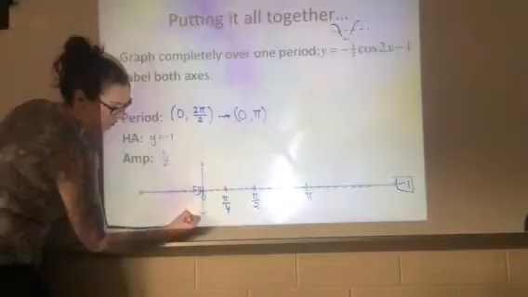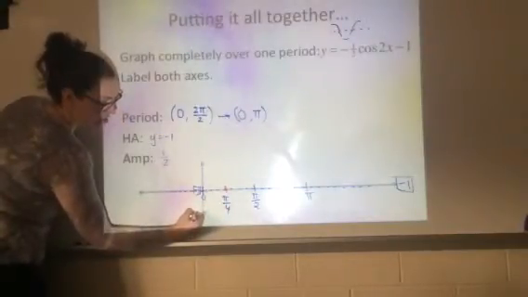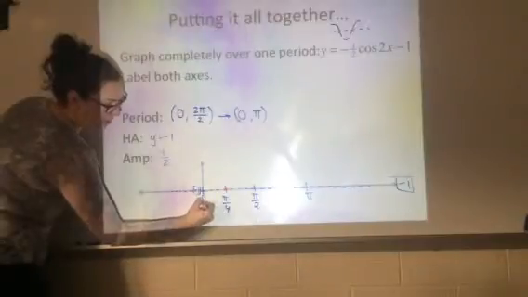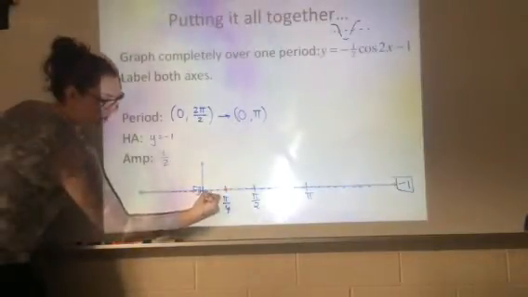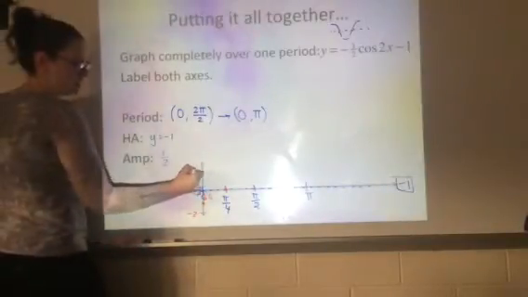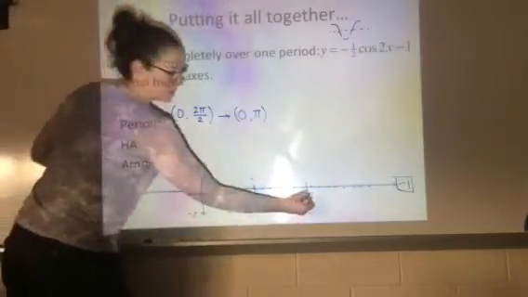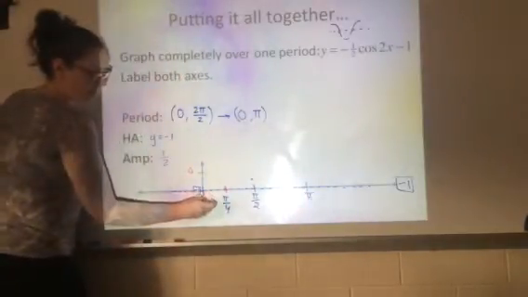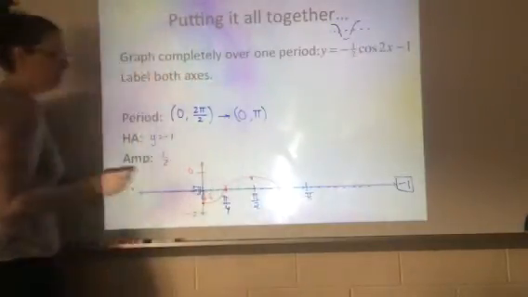So if this is -1, not -1, -2, I'm going to go right here in the middle, because I'm going to go down 1/2 a unit. So I'm going down 1/2 a unit. If this is up here at 0, I'm going to go halfway up here. This one is also going to be down, and I'm going to be able to draw my nice, smooth, when in doubt, make your dots a little bigger, cosine.